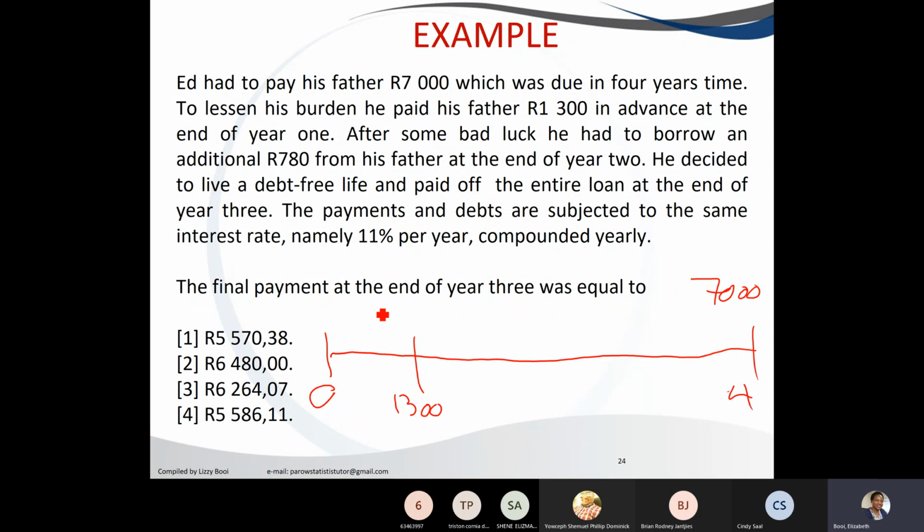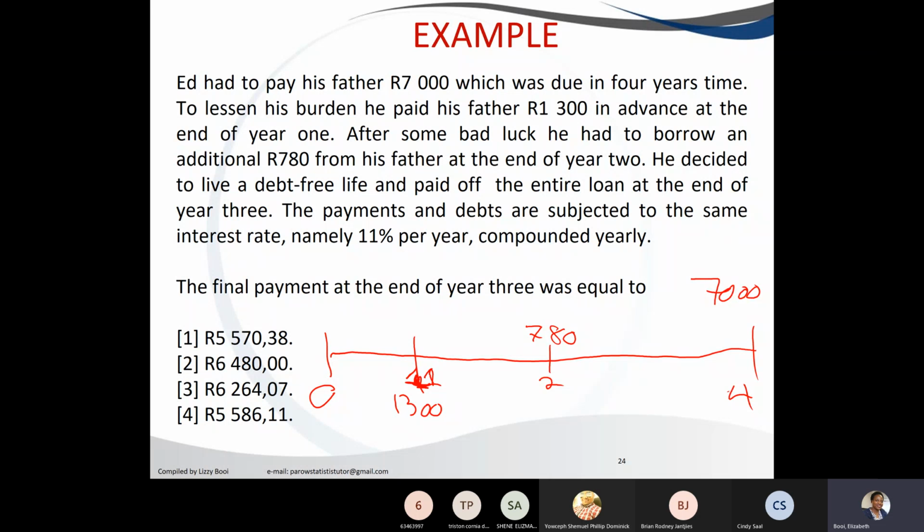Let's write year 1 and year 2. In year 2, he went and borrowed 750. You will notice that I am writing all the money that is borrowed at the top and the money that is paid at the bottom.